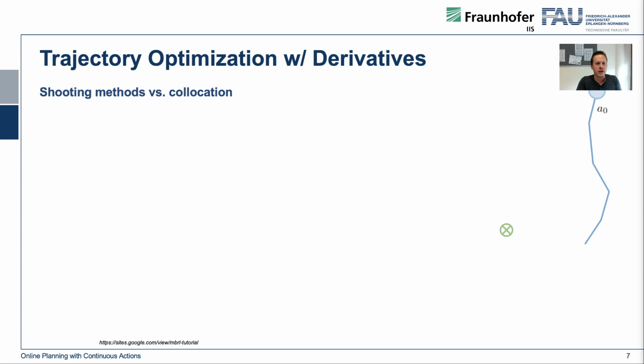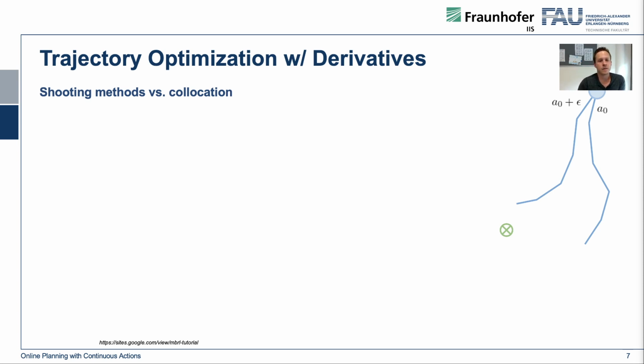Okay, but it turns out that there is a problem with random shooting methods, and this motivates the concept of collocation.